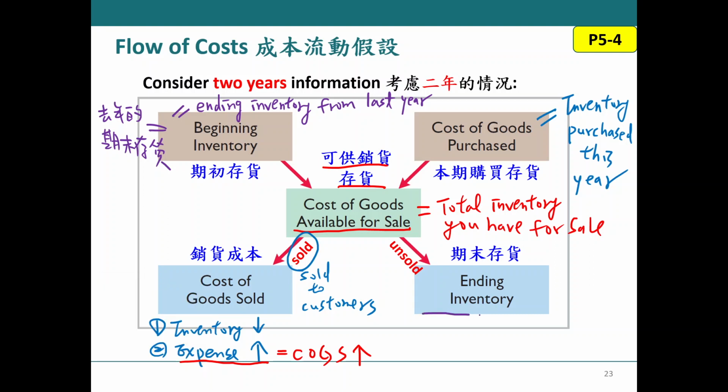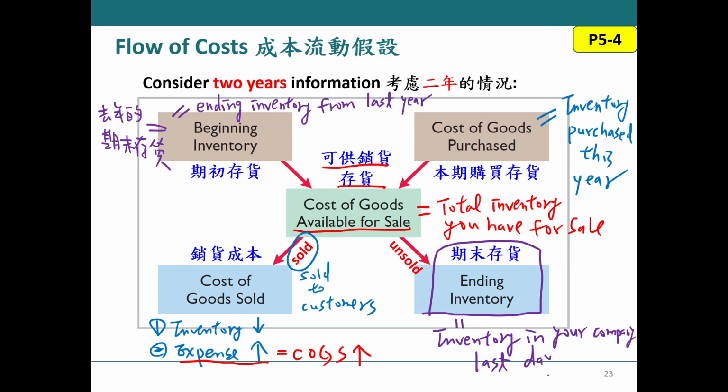So you still have inventory in your company on the last day. For example, maybe December 30. After the whole year, on the last day, I find out I still have some inventory unsold in the company.